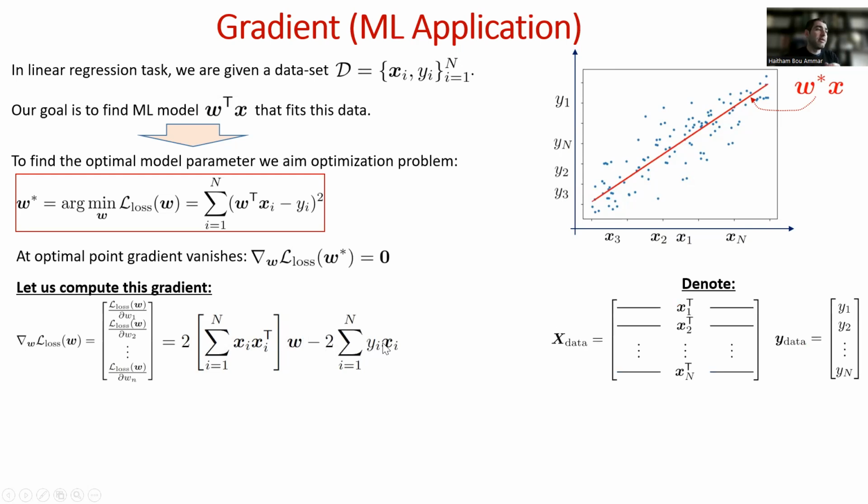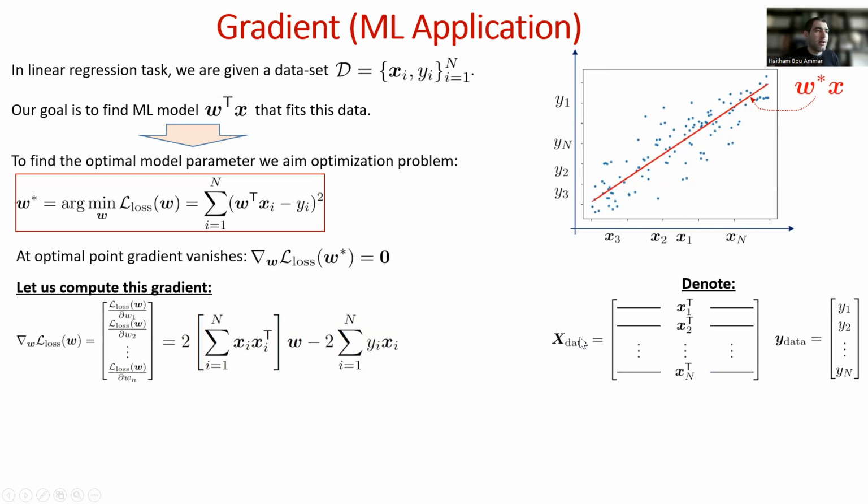Now, in order to write it in a compact, convenient matrix-vector form, let us introduce two objects. Let us introduce the data matrix X data, which combines all the input data points, X1, X2 up to Xn, and we write them row-wise.